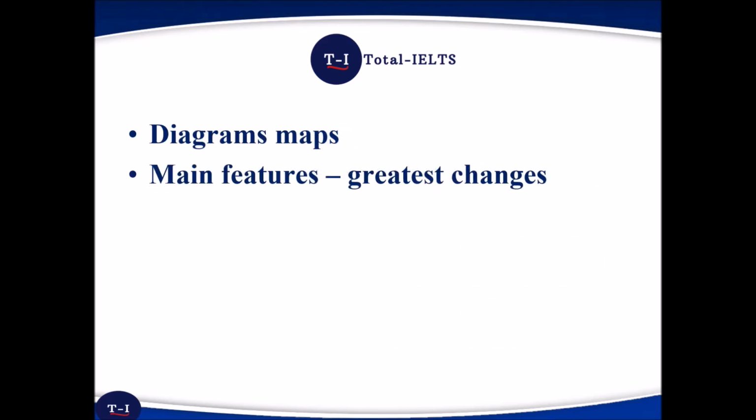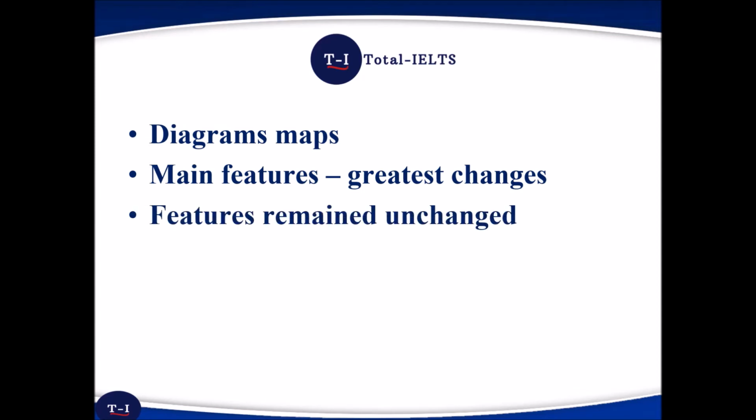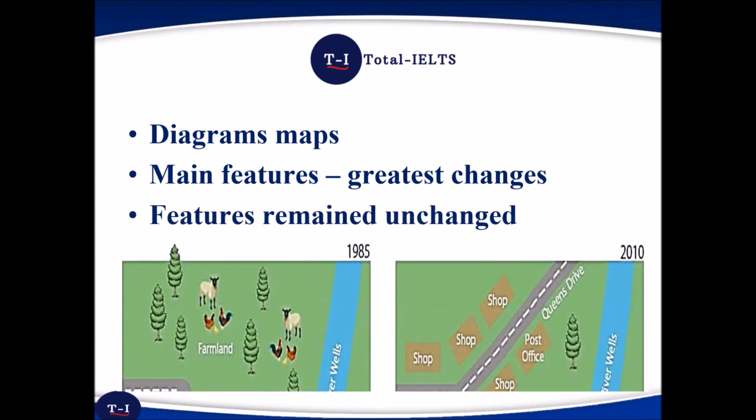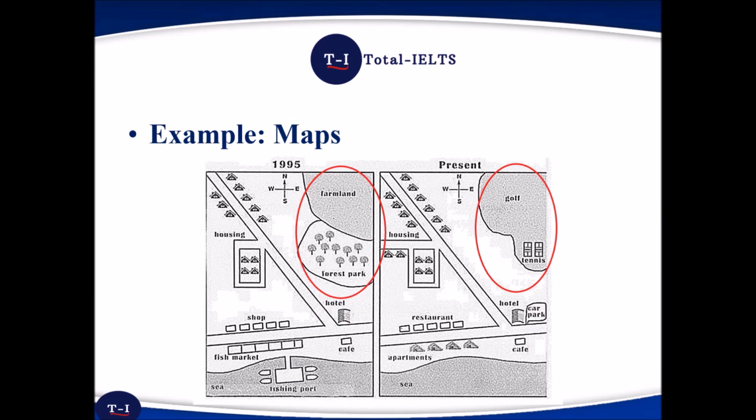For maps, the main features are the greatest changes, and also any features that remained unchanged. Here, for example, in the map, the main feature in the northeast corner is the replacement of the farmland and forest park by leisure facilities, specifically golf and tennis.